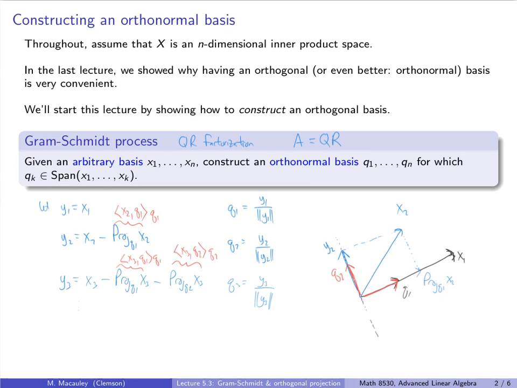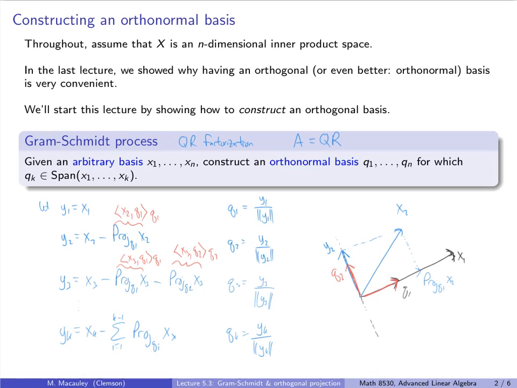And then you can see how this goes. So in general, yk is xk minus the sum from i equals 1 up to k minus 1 of the projection onto qi of xk, be careful here, xk. And then qk is yk normalized.